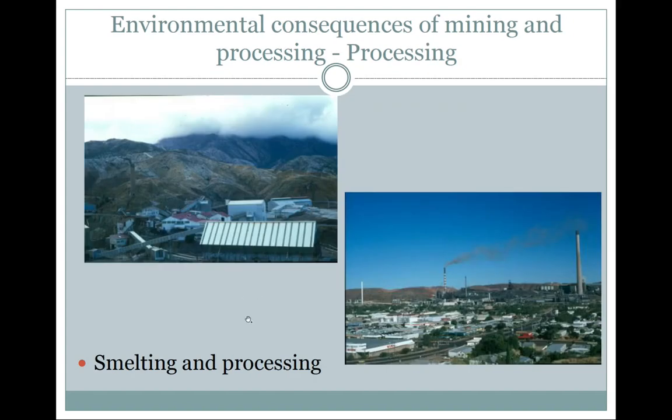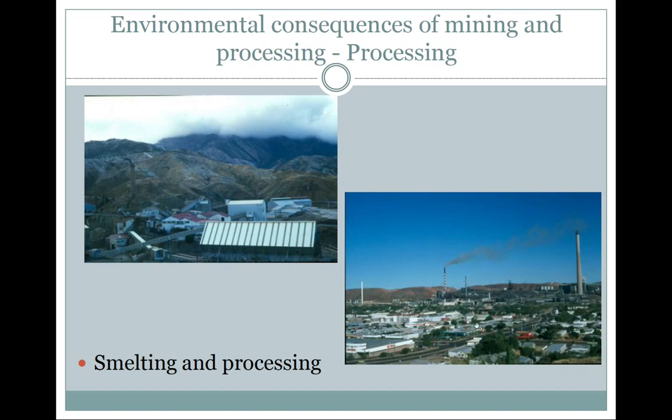So smelting and processing, this is Queenstown in Tasmania. We've got a prominent smelter stack. If you go around the area, it's highly denuded from historical mining, and you see a common smudge of material throughout related to the smelting.